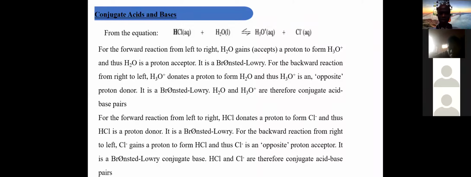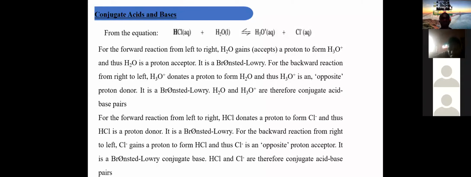That's the full pronunciation. But the two are called conjugate acid base pair. Define conjugate acid of a base. That's how it's pronounced. Or define conjugate base of an acid. You see, that's how they are antagonistic to each other.